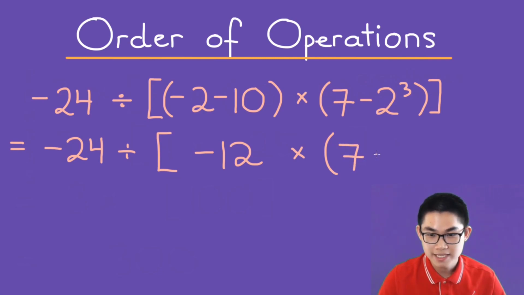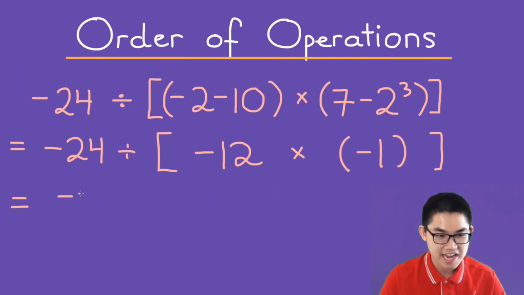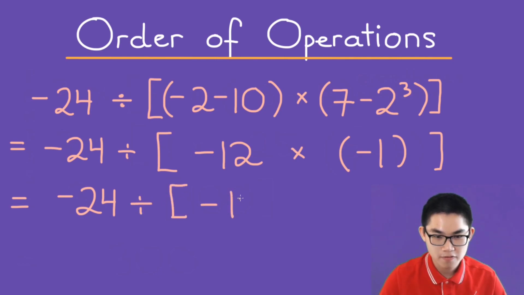So 7 minus 8. Now what is 7 minus 8? That's going to be negative 1. Now we have negative 24 divided by negative 12 times negative 1, which will give you positive 12. And negative 24 divided by 12 gives you negative 2.